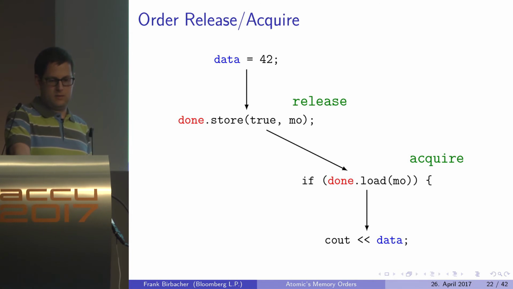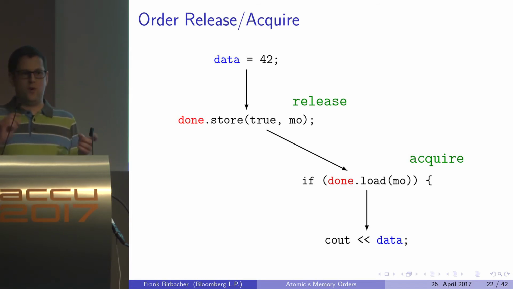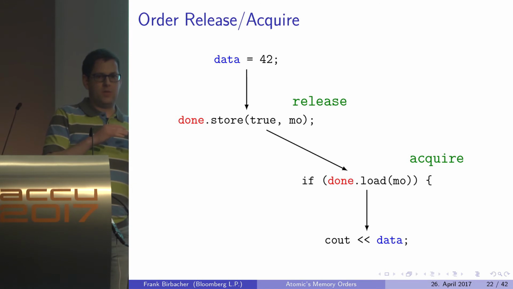Okay, let's talk about the next one. Release acquire, or acquire release. If we do the same store with release memory order, we're telling everyone, the compiler will tell the CPU, will tell the rest of the hardware, that storing data needs to come before storing the flag. And the sequence before, what we do in our source code, everything that comes before storing the flag will become visible to others.